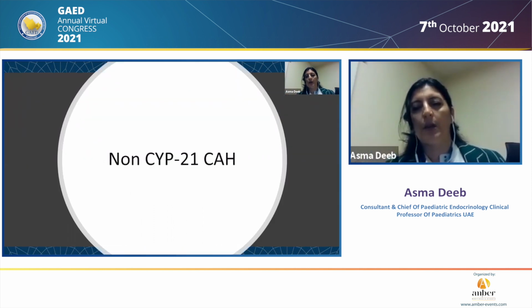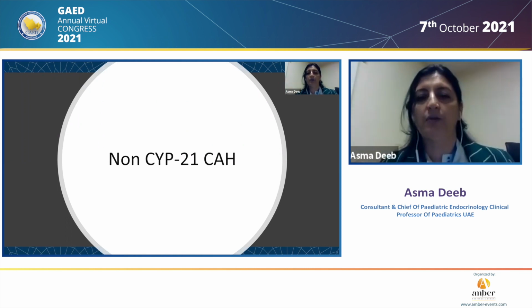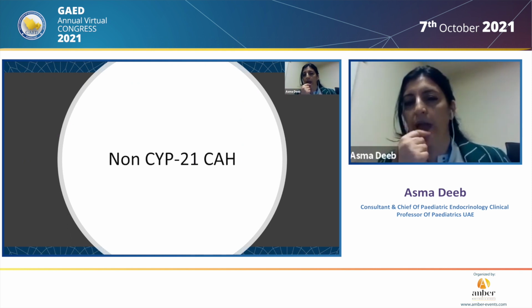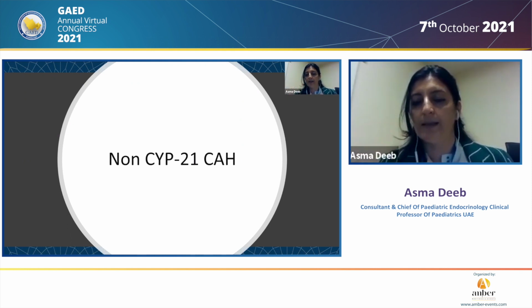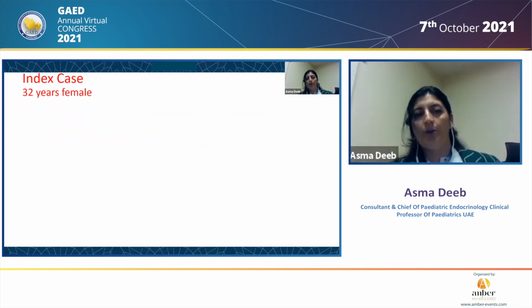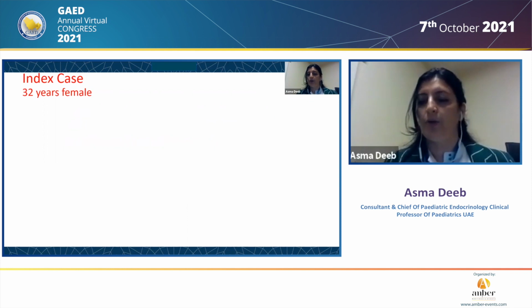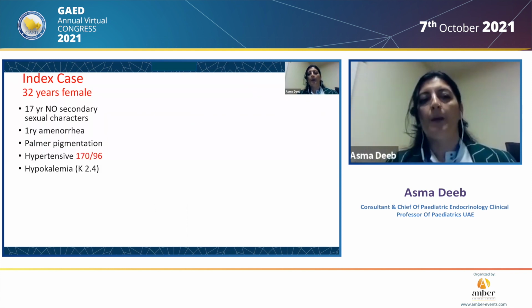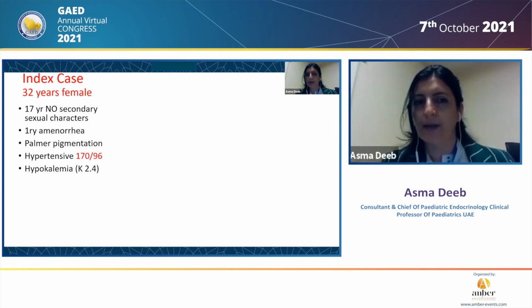I will finish in the last remaining 5 minutes of the talk to give some highlights on the non-CYP21 CAH, which is the one that's less common but equally interesting. Let me share this case with you. This is a 32-year-old female who presented at 17 years of age with absent secondary sexual characters and primary amenorrhea.